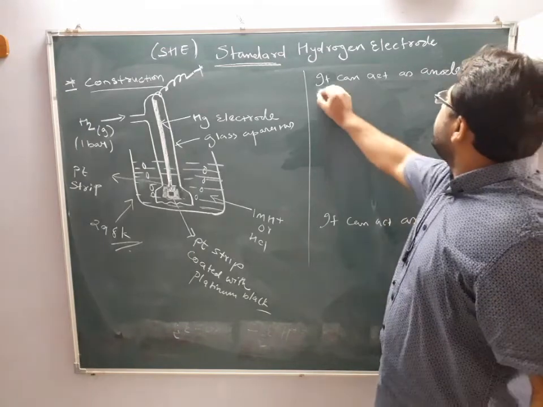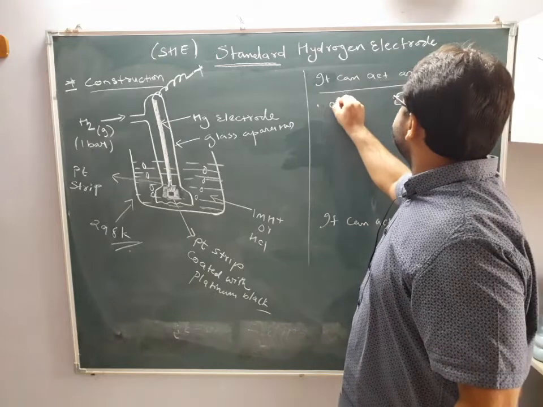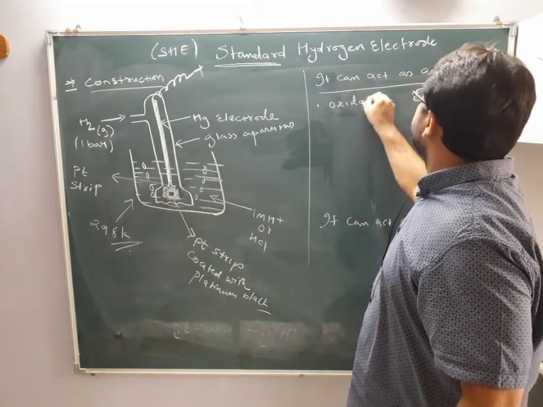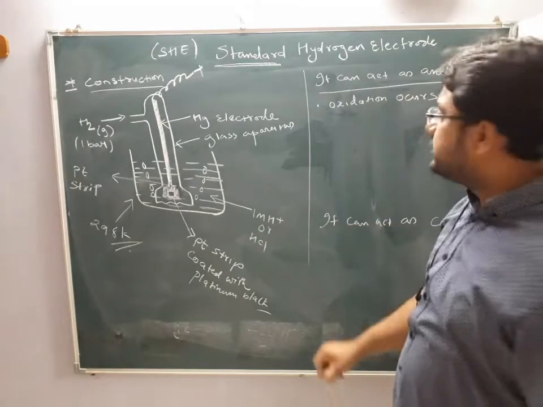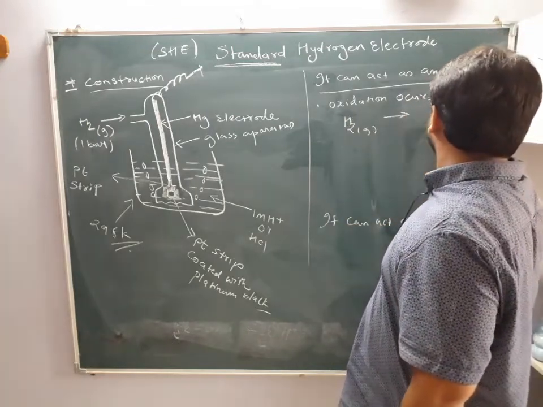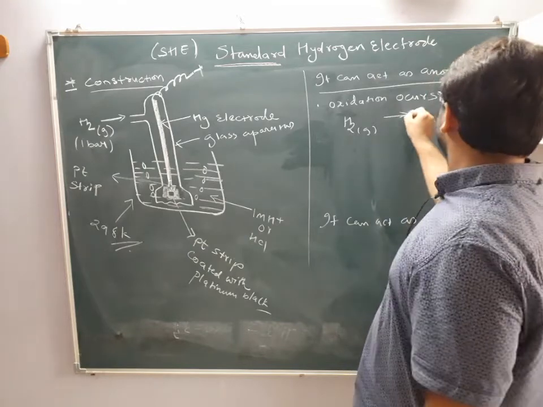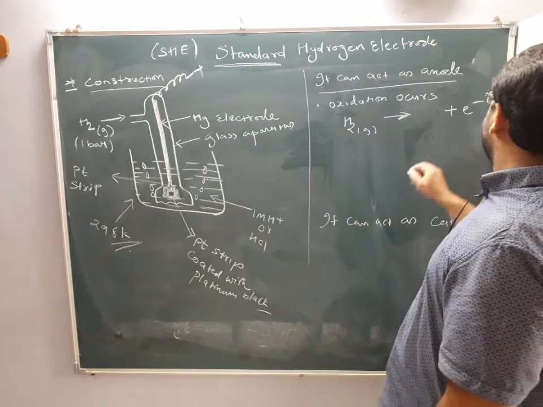So now I am telling, if the standard hydrogen electrode acts as anode, so what occurs here? Oxidation occurs. And when oxidation occurs, this hydrogen gas will start to lose electrons. Yes or no? It will start to lose electrons, and when hydrogen starts to lose electrons, it will convert into what?